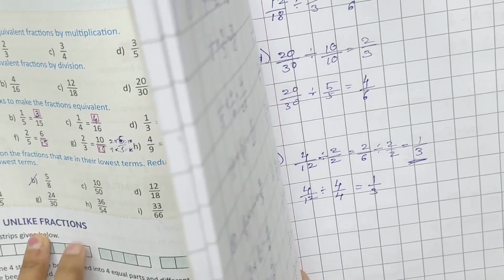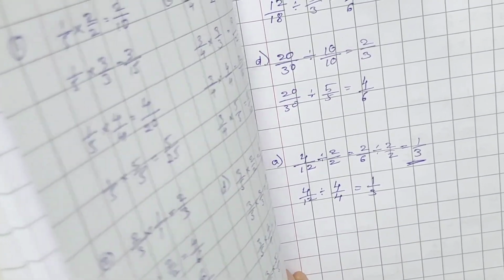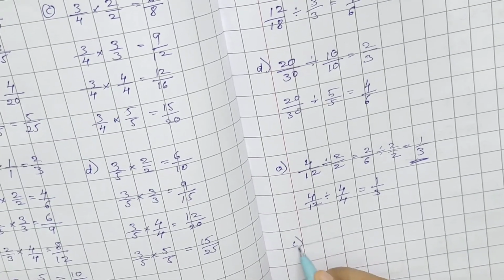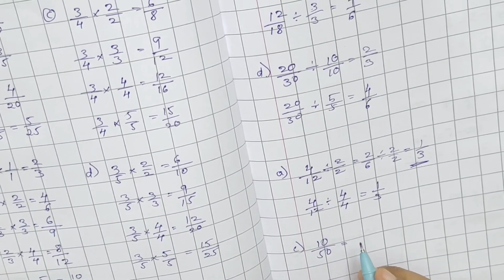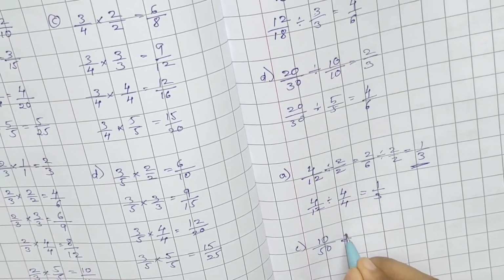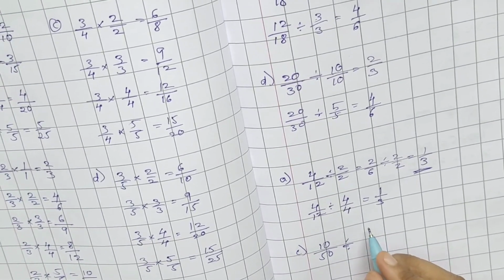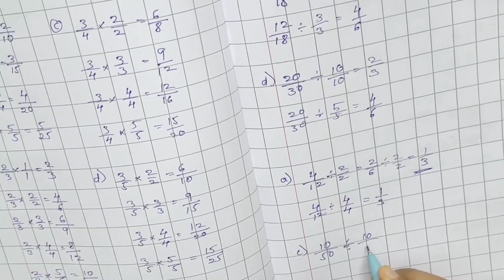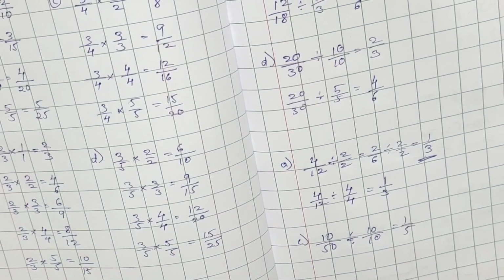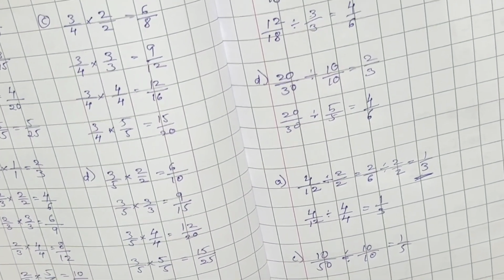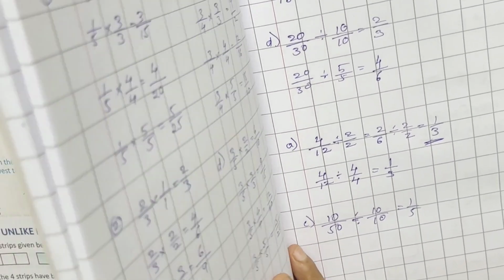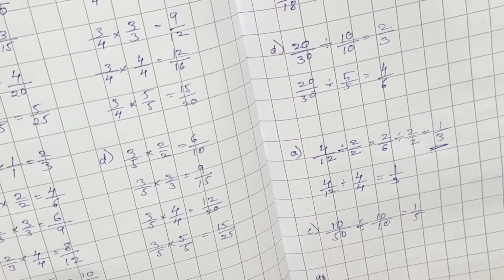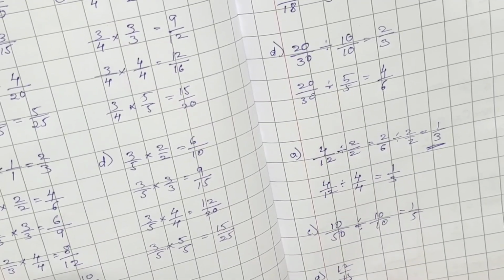Okay. Next. C. 10 by 50. Divided by 10. 1 by 5. Next, D, 12 by 18. 12 by 18.